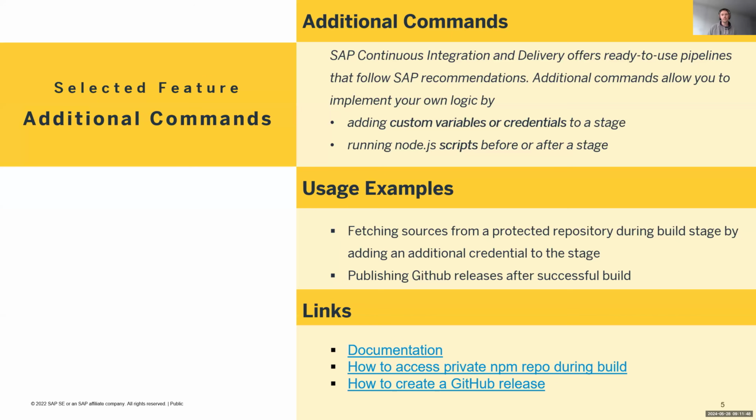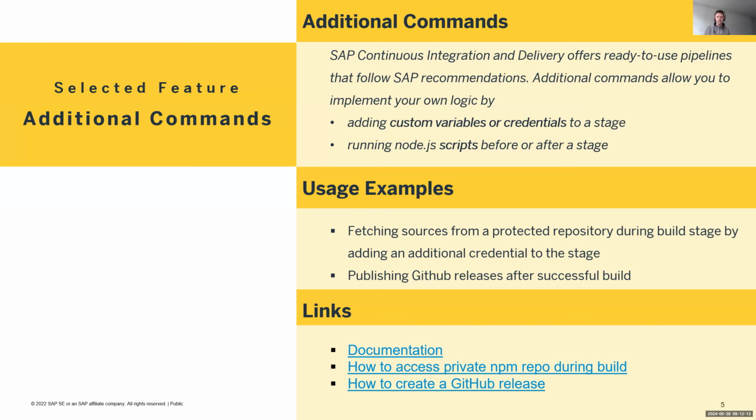Maybe let's go to this slide first before I jump into the demo. So what does this additional commands feature do? I was talking about how we are providing ready to use pipelines, and this simplicity and the ready-to-use aspects come at the cost of reduced flexibility. So we reduce the number of options to configure in the service.